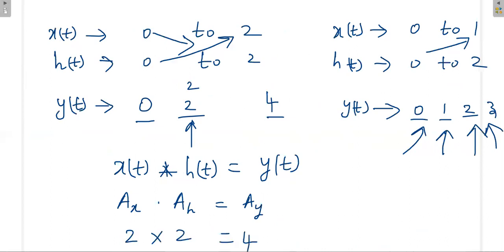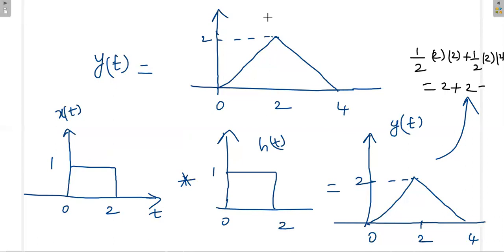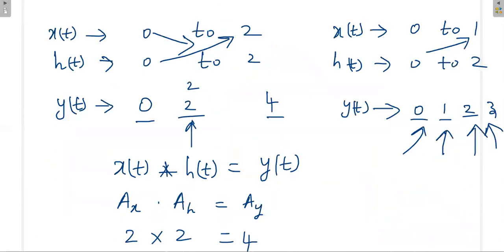That we have to verify with the diagram. So this is our y of t. Then what is the area under this? Area of this triangle, that is half base into height, 1 by 2 into 2 into 2, again 1 by 2 into 2 into 2. So that means 2 plus 2, that is equal to 4. So always we have to satisfy the area property.